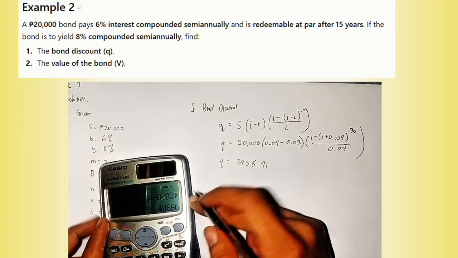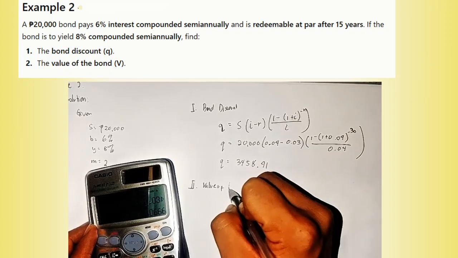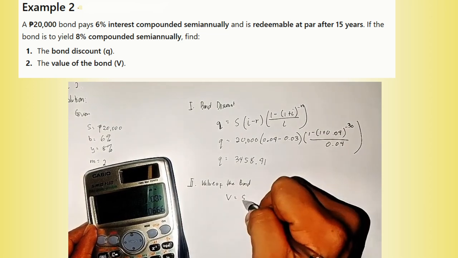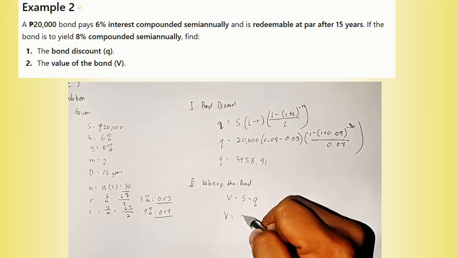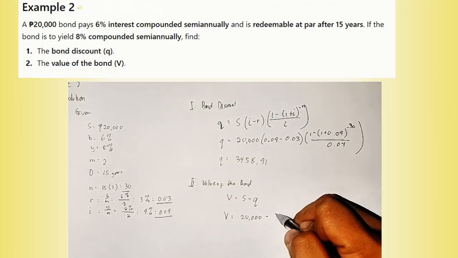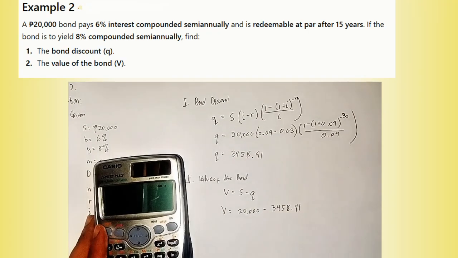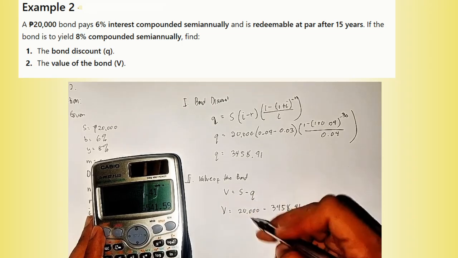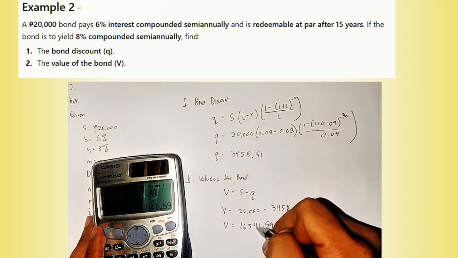Now let's find the value of the bond. The value of the bond is V is equal to S minus Q, since it is a discount. So V is equal to S, 20,000, minus 3,458.41. So we have V is equal to 16,541.59.